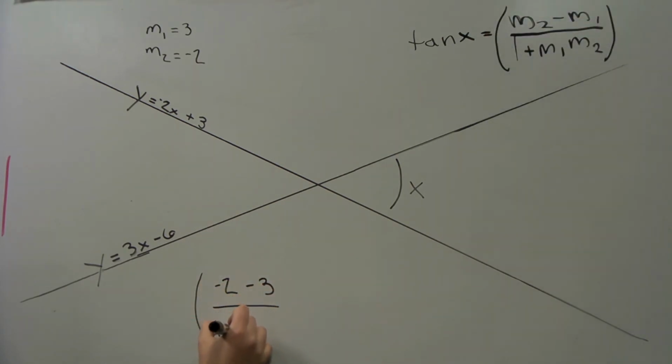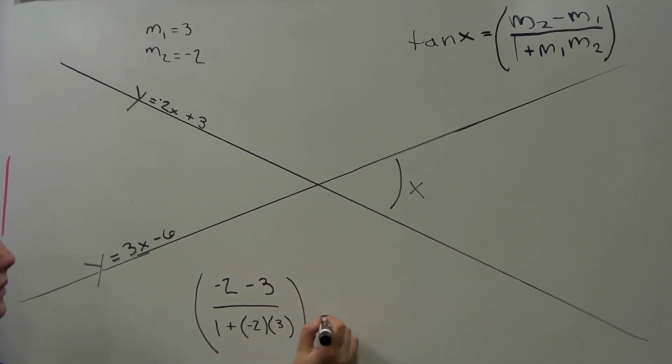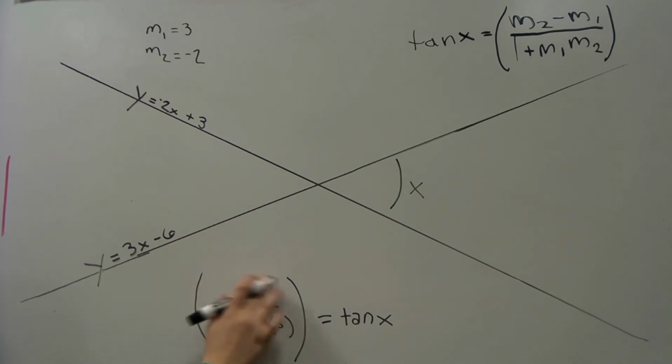If we plug in our coefficient values, it looks like tangent of x equals negative 2 minus 3 over 1 plus negative 2 times 3. Negative 2 minus 3 equals negative 5. Negative 2 times 3 equals negative 6. 1 plus negative 6 is negative 5.